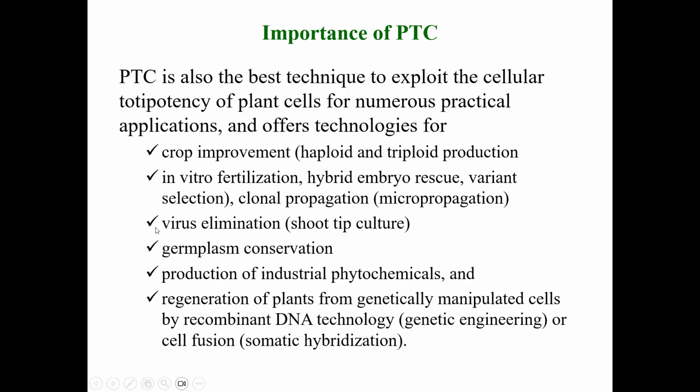Another point is virus elimination. In most cases, for example, potato. Potato is a famous and economically important crop in Bangladesh and worldwide. Potato is usually propagated by using the tuber, the one we eat.